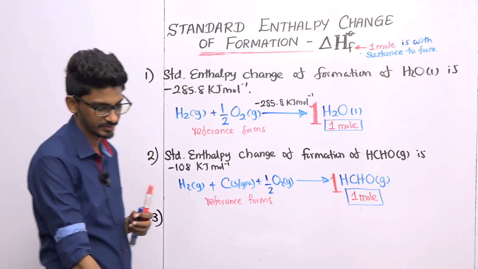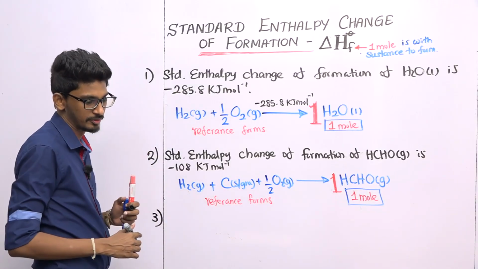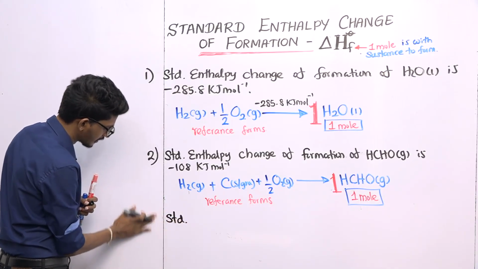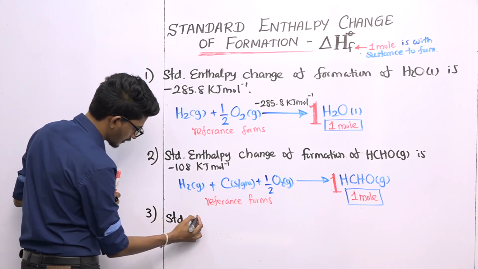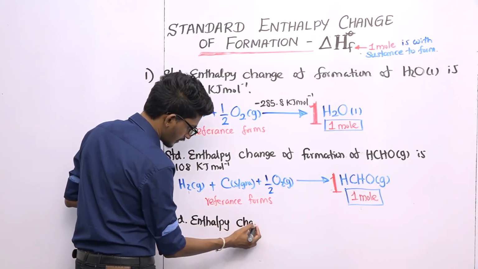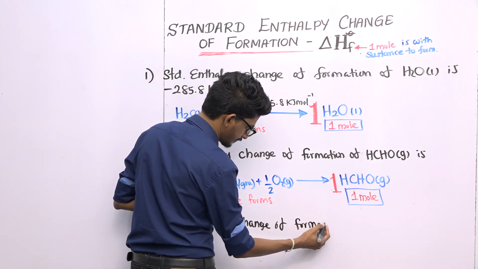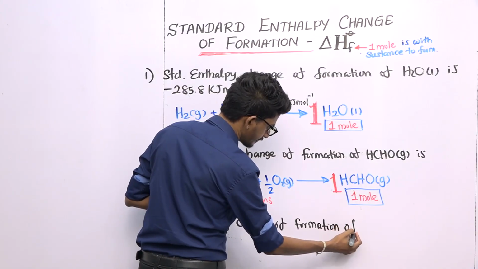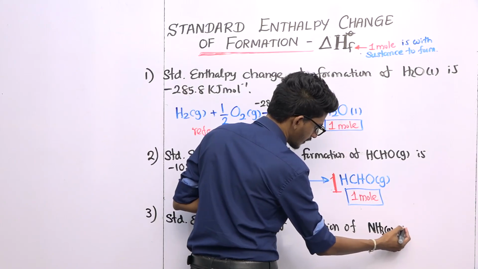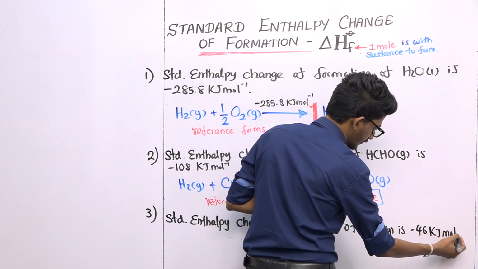Let's come up with the third example as well, which is on the next page of your tute. The standard enthalpy change of formation of NH3 gas is given as -46 kilojoules per mole.